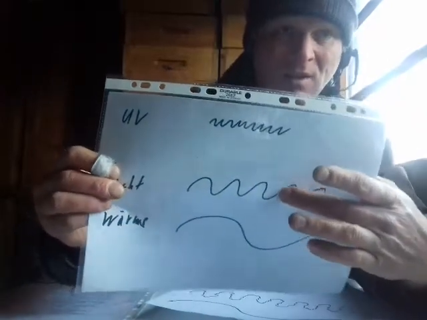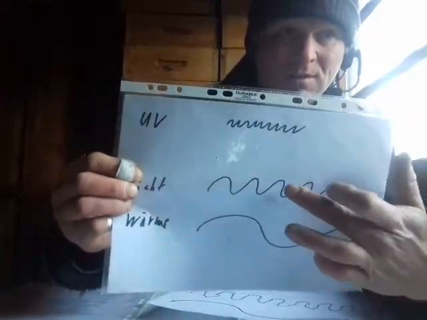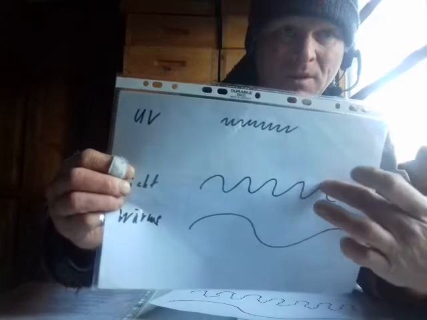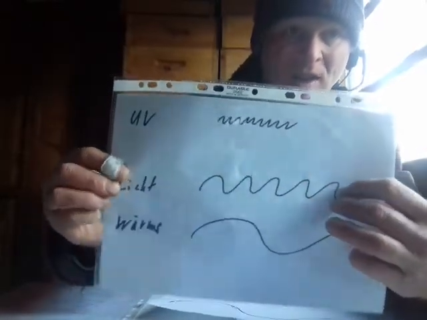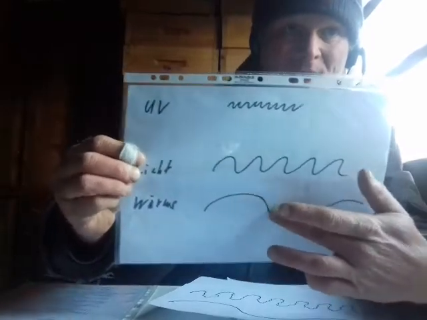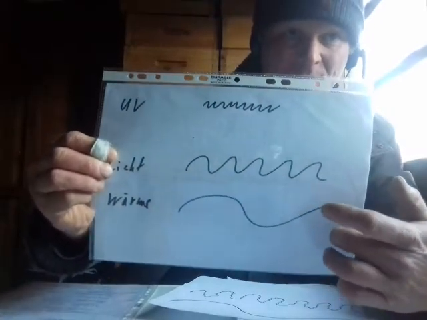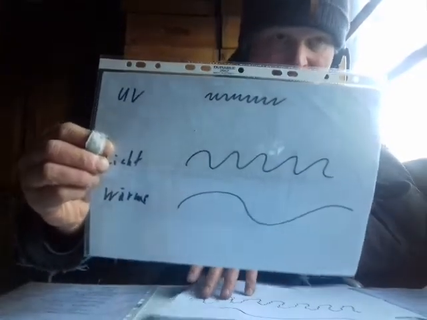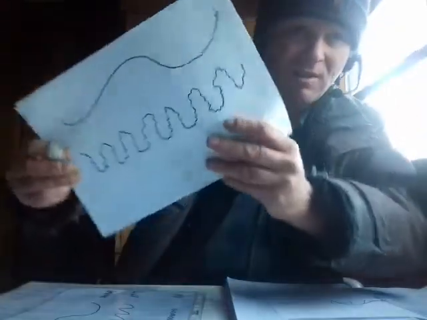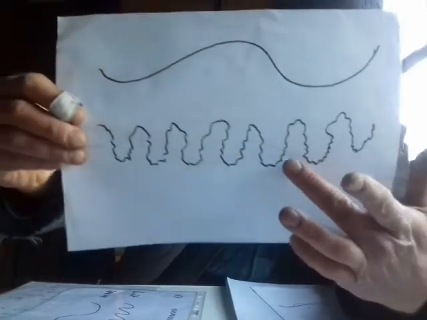With the light is a lower frequency, so that means there's a bigger space between these waves. And then you have infrared, and all together it's a mixture. So our DNA signal looks maybe like that.